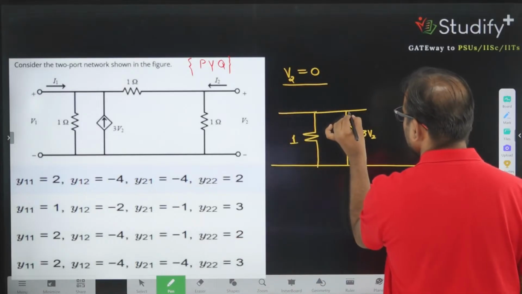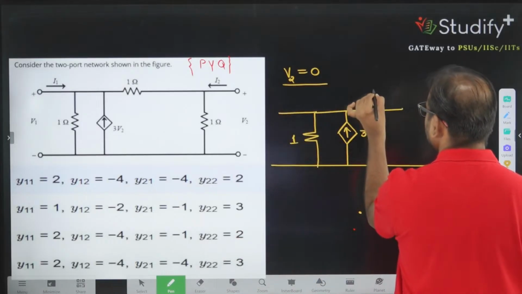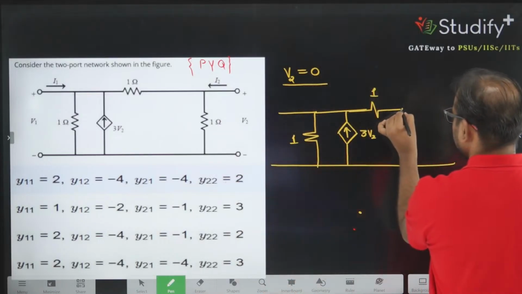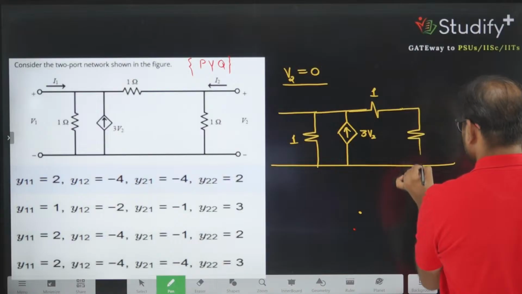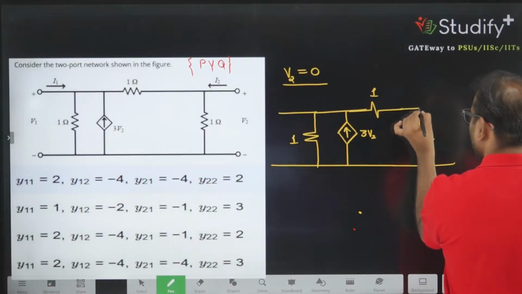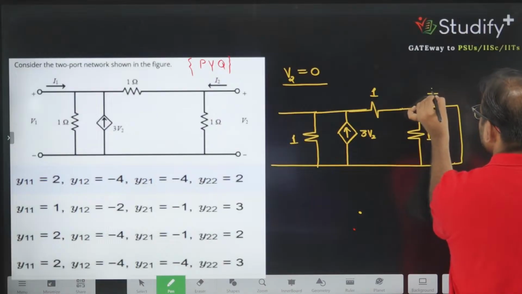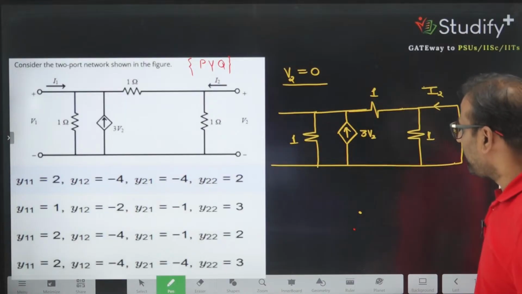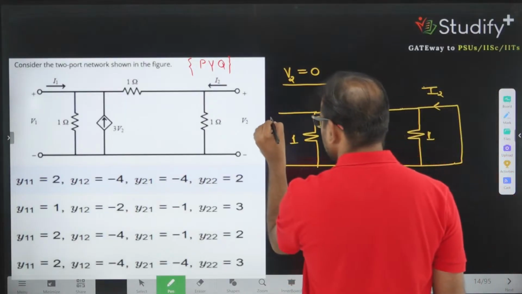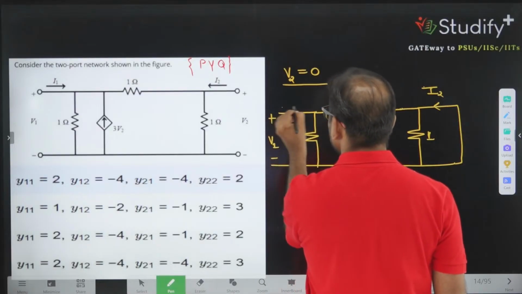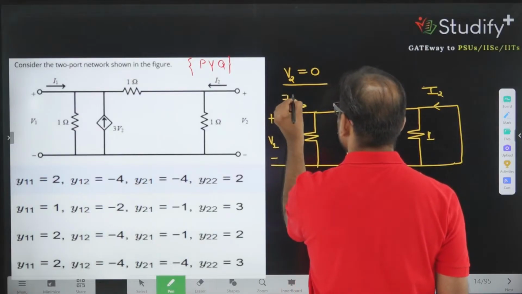This value is 1, and this value is also 1. We are making V2 equal to 0, and this current is I2. And this value is V1, and this current is I1. This is the whole story.